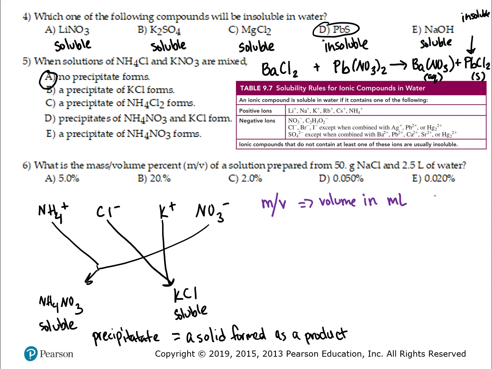So it's usually in grams per milliliter. 2.5 liters of water is equal to 2,500 milliliters.